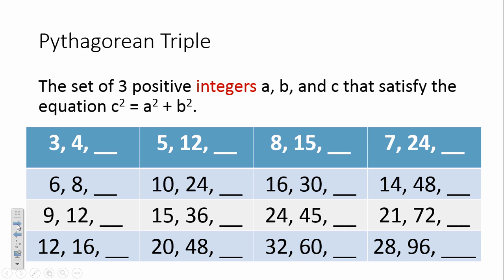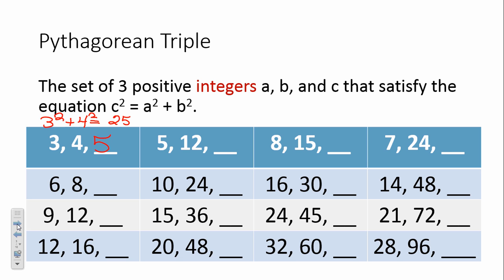So 25 is c squared. What does c have to be? 5. So 3, 4, and 5 are 3 sides of a right triangle. 3 squared and 4 squared gets me 25, which is 5 squared.